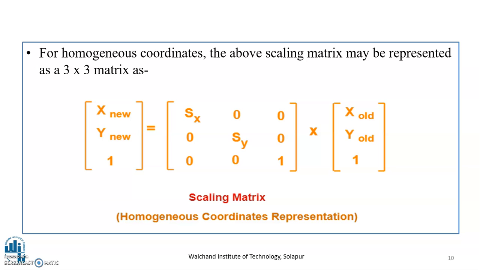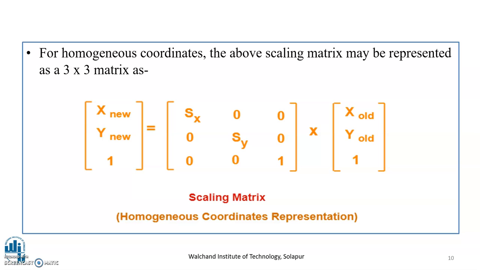Now we see that for homogeneous coordinates, the representation matrix for scaling is a 3 by 3 matrix given as [x-new, y-new, 1] equals [sx 0 0; 0 sy 0; 0 0 1] times [x-old, y-old, 1]. This is the way we represent the scaling for a given object.